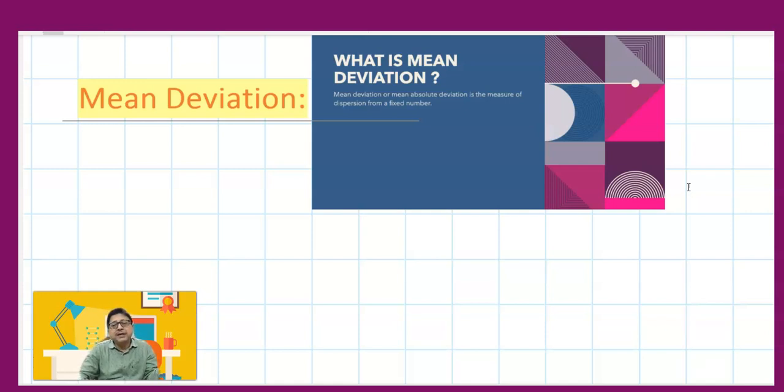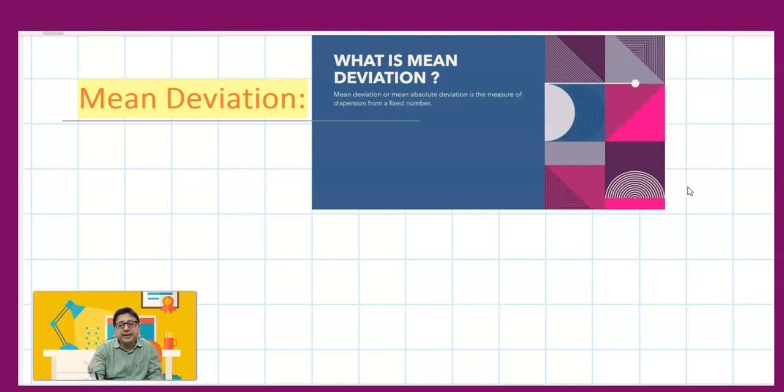But there is a problem in calculating the mean deviation. If you say that I will calculate about the mean, you may not get success. You will find the deviation coming to be equal to 0. Why?